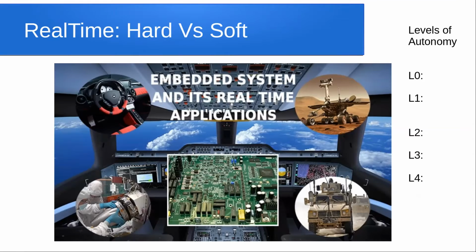For instance, this slide summarizes the embedded systems that are deployed in an aeroplane system, in an autonomous car or a simple car, or a remote mission running on the planet Mars, or embedded systems used on all-terrain vehicles by military people, and also some advanced systems deployed in space applications, right?